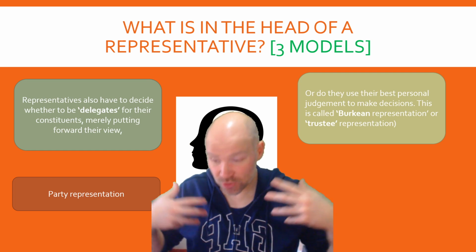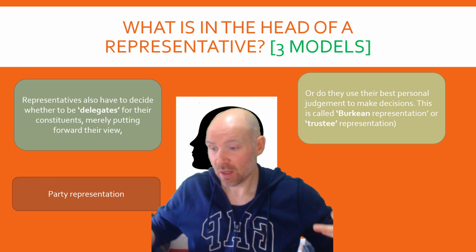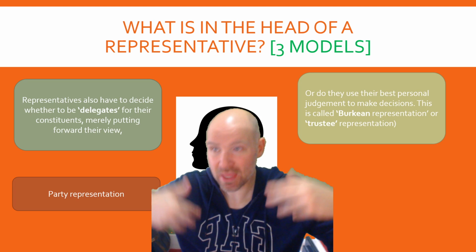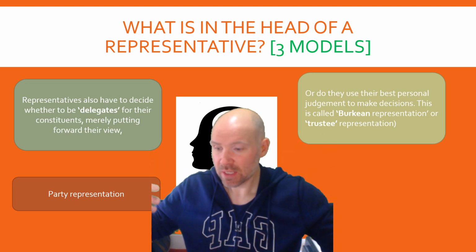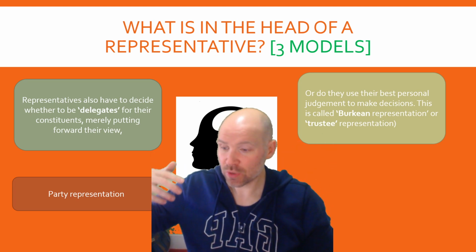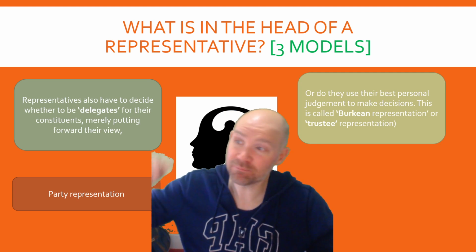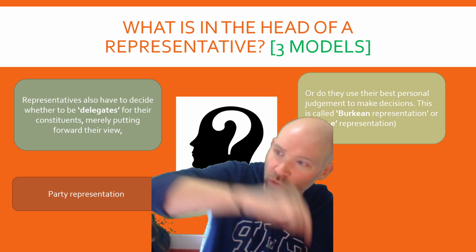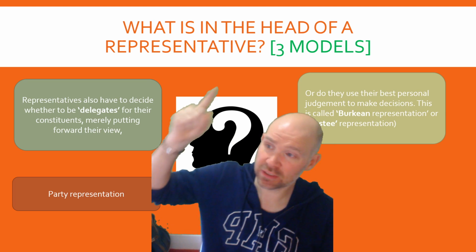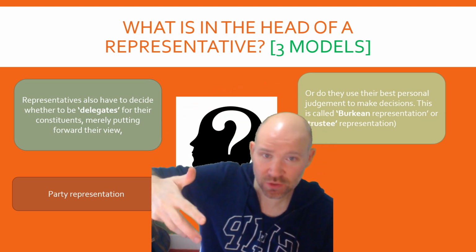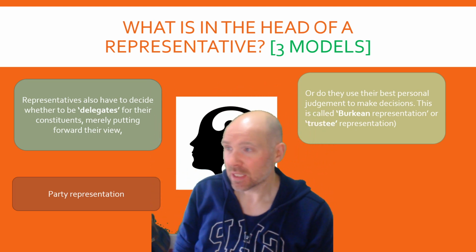He was very strongly of the opinion that MPs are representatives to give you their best judgment, and he argued that an MP is there to make decisions on your behalf by using their own judgment, not necessarily to think about what you want, but to think about what they think is best for you or for the country or for the party, and so on.